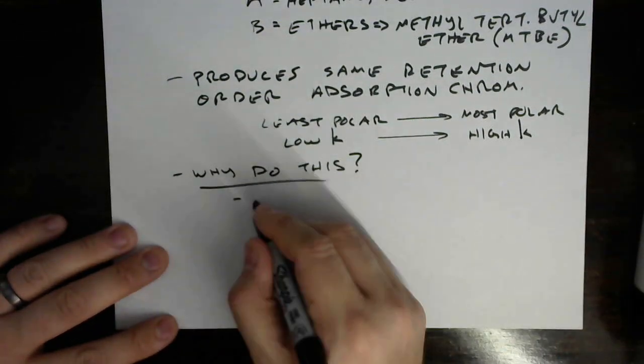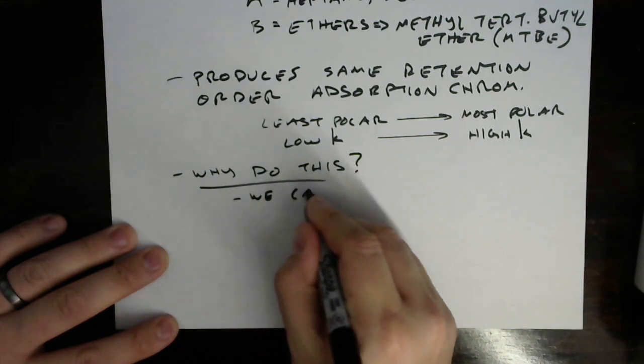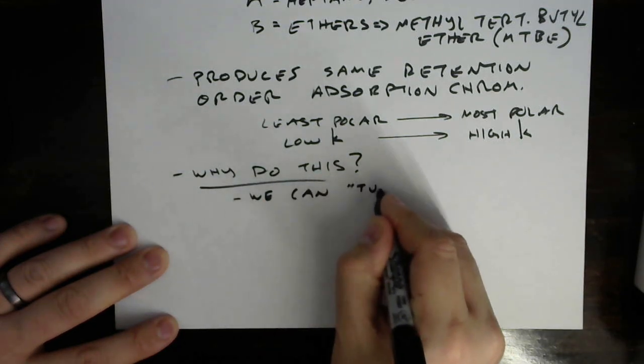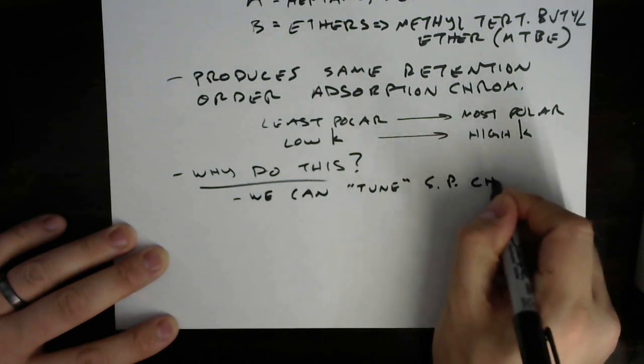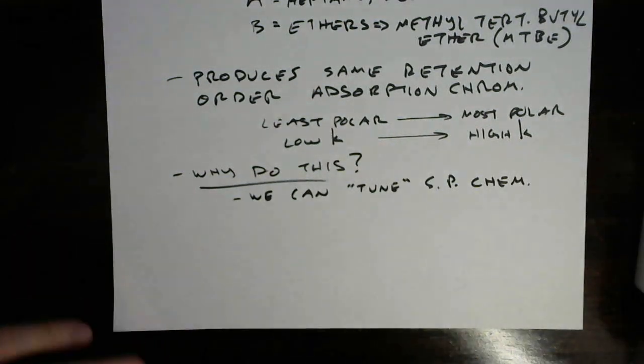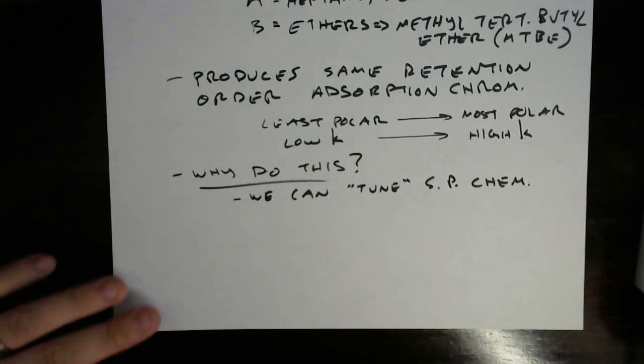So there's a couple. We can tune the stationary phase chemistry. We can't do that with silica. With silica, we get a really high density of hydroxyls at the surface, and we get a lot of high energy hydrogen bonding that's going to hold on to stuff really tightly.